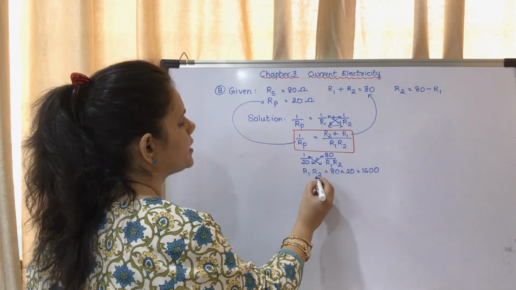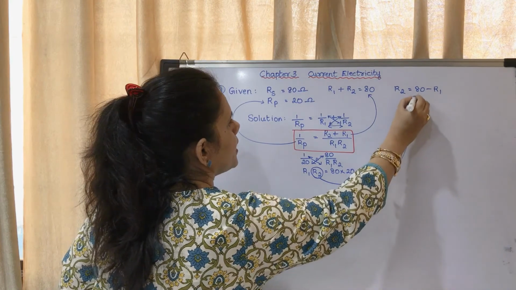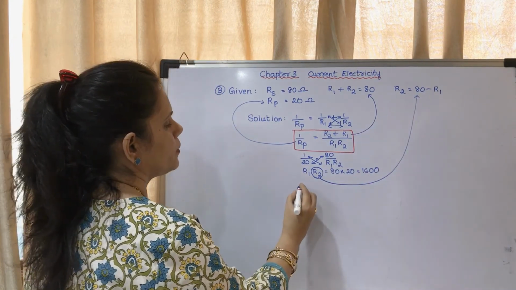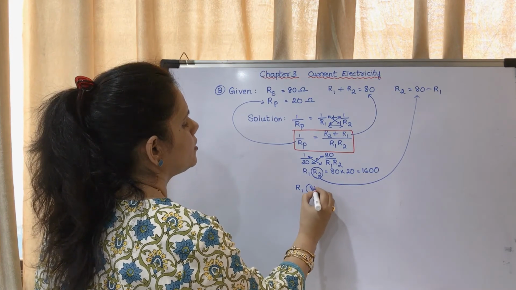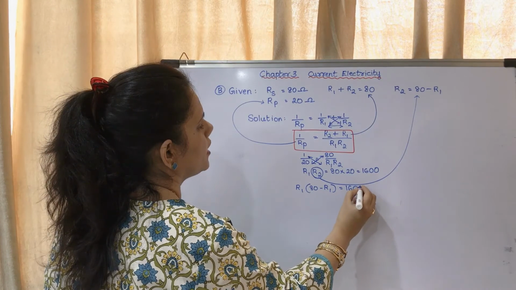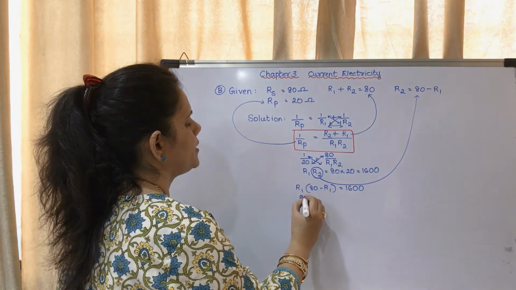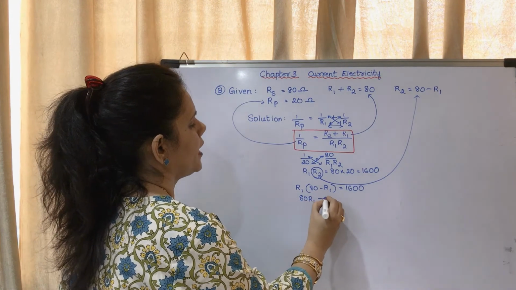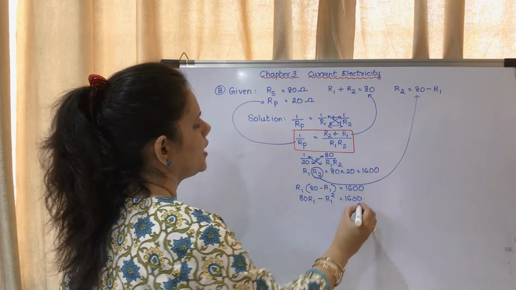So instead of R2, I am going to put 80 minus R1. The equation becomes R1 into (80 minus R1) is equal to 1600. Now opening the brackets, 80 R1 minus R1 square is equal to 1600.